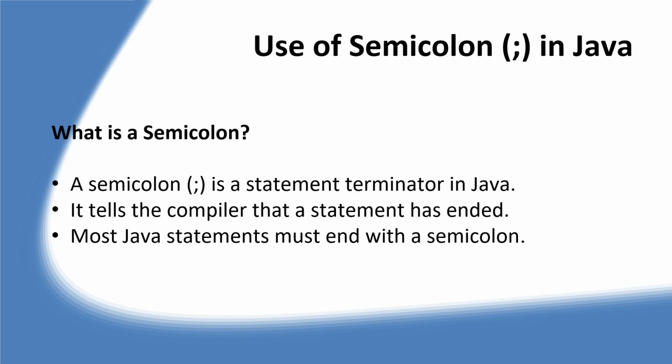So this is for the compiler to give instruction that one statement is finished, then the compiler should start execution of the next statement. So at the end of each statement, we add semicolon. It tells the compiler that a statement has ended.